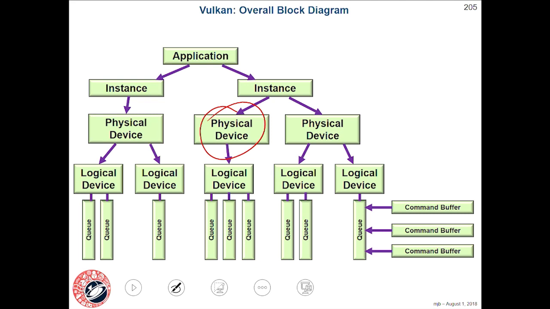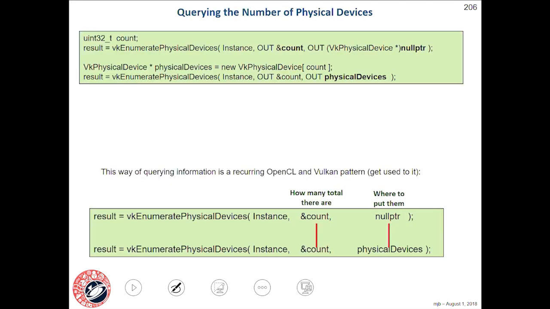There's really no way for you to go out and query what devices you've got without the drivers able to do it for you. Yes, you query what devices you've got, but the drivers have to be set up in order to do that. And here's how you do it. We've actually seen this function before. It's when we were talking about how you sample the count of something, set up arrays, then go get the information.